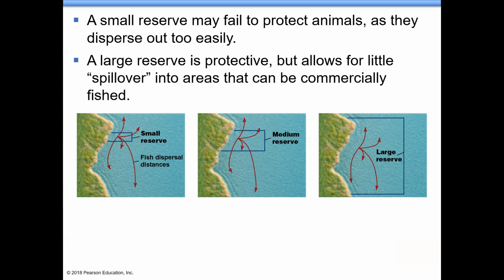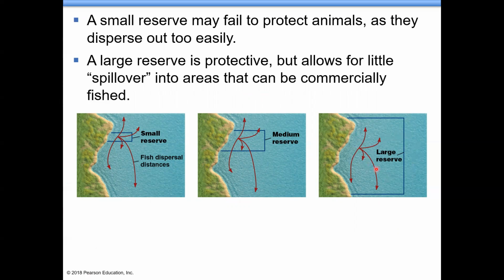If we have a medium reserve, just like the small reserve, we may have some fish leaving, but this can actually be a good thing, because if fish are leaving, those fish can go on to repopulate other areas outside of the reserve. And this is kind of the whole idea behind these reserves. We want to have a thriving fish population within, and we want some of those fish to leave the reserve to help repopulate other areas.